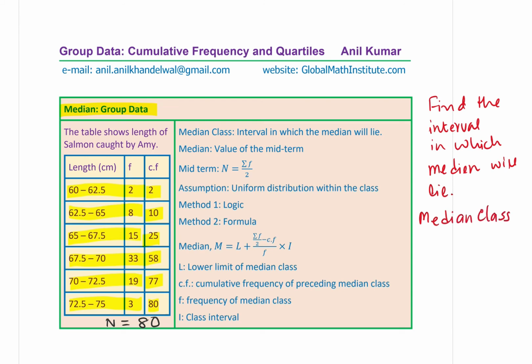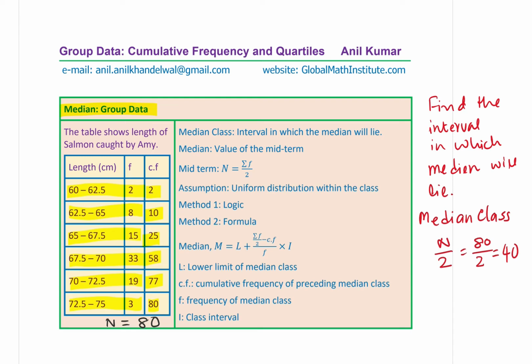Correct? Now, to find the median class, we have to divide n by 2. Dividing n by 2 will give you the value of cumulative frequency in which the median can be found. In this particular case, since n is 80, we divide 80 by 2. Once we get 40, we look where the 40 will lie.